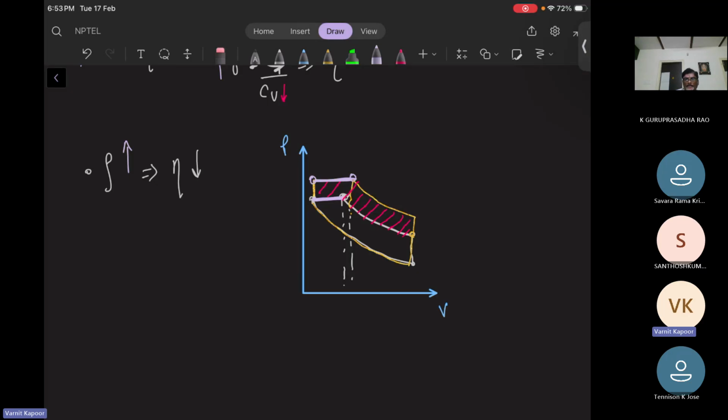You cannot waste it. The more fuel you provide, the more power you can generate. But on increasing rho, the cutoff ratio, you are providing more fuel into the engine, and that increases the load on the system.